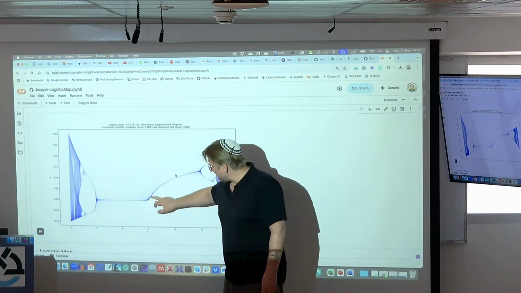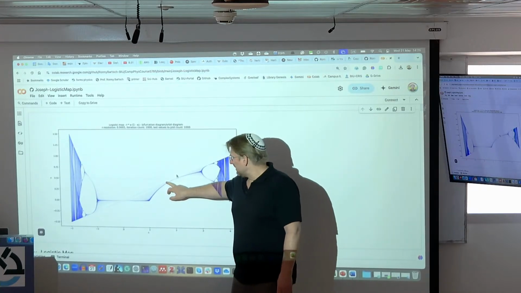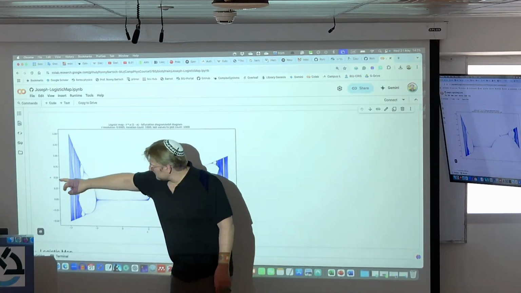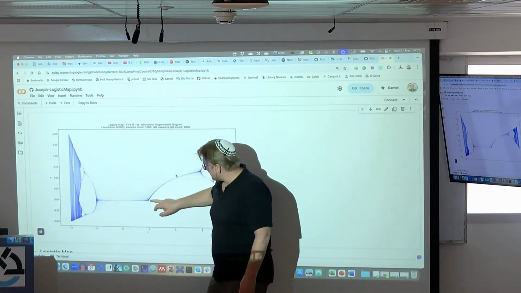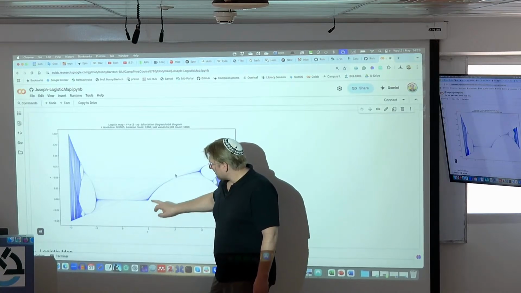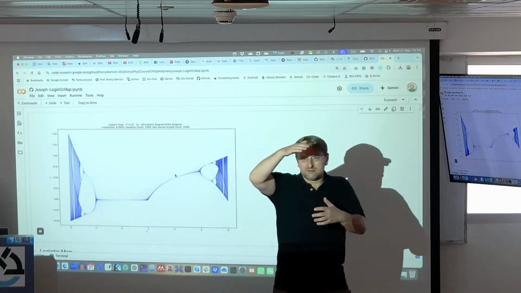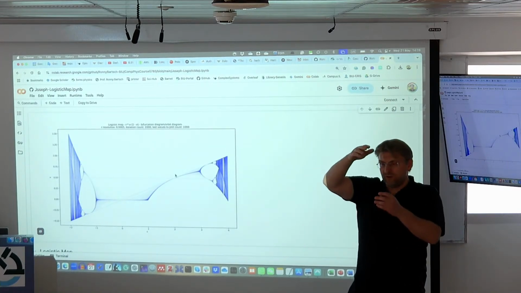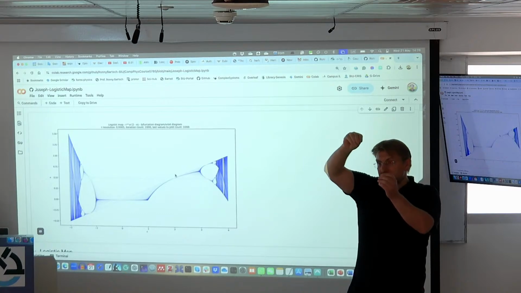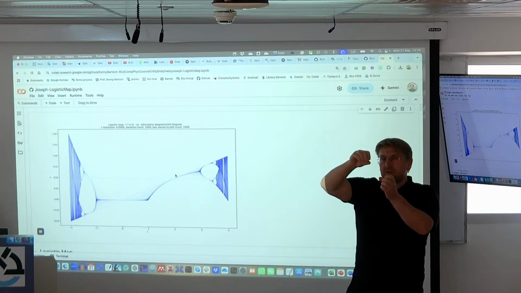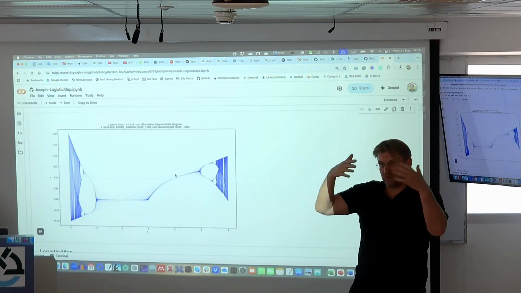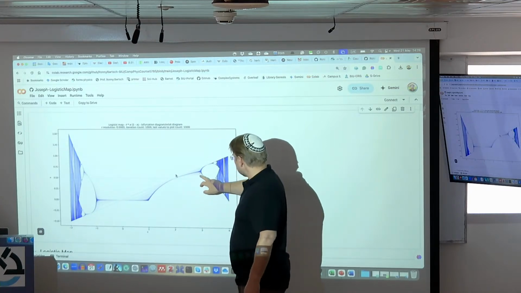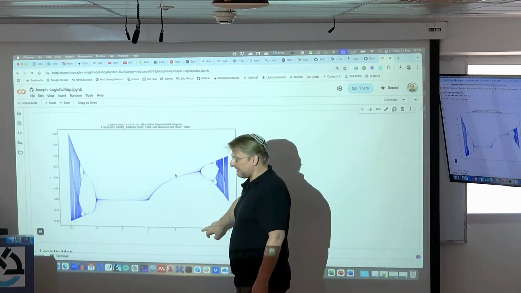When you're above 1, you have a stable population, depending on how large r is. The larger r is, the larger the stable value. So if r is equal to 1.5, you have more rabbits than if r is only 1.1. Also intuitive, right?